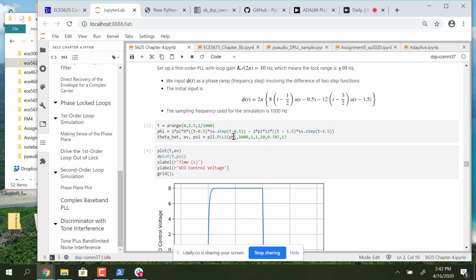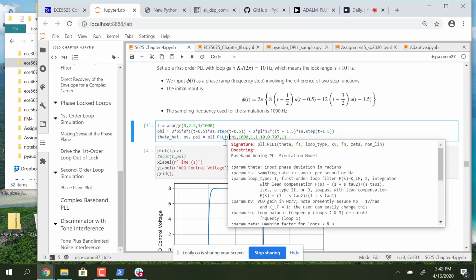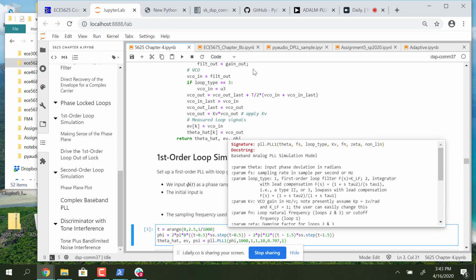How do I know that's true in the loop? Well, the way the loop is set up, the way I enter parameters in here, I get to put in the cutoff frequency of the loop, which in this case is kT over 2 pi. Fn is kT, which is the lock range in radians per second, divided by 2 pi for the first order loop.